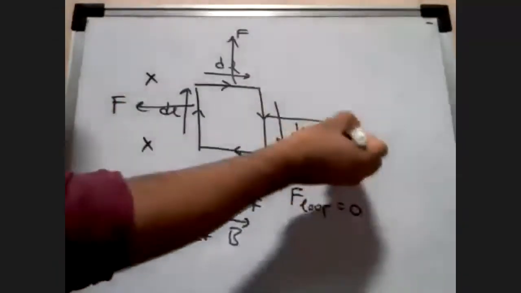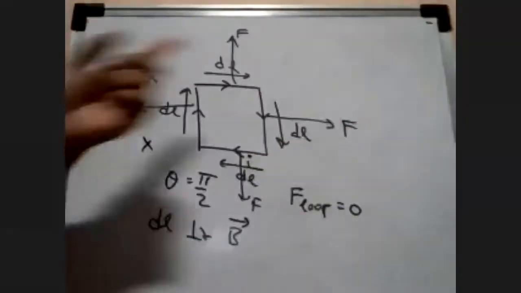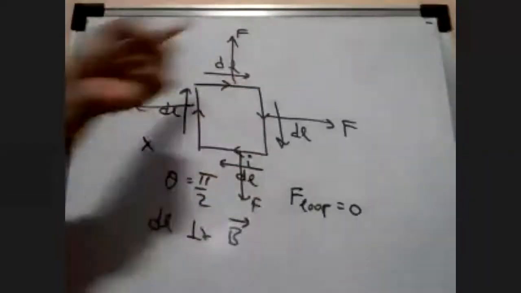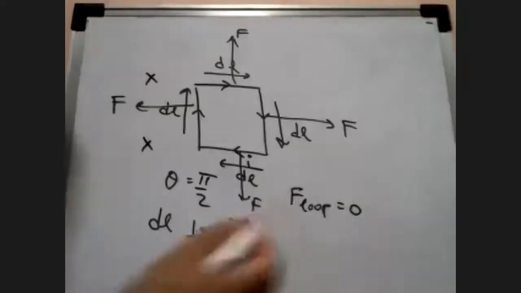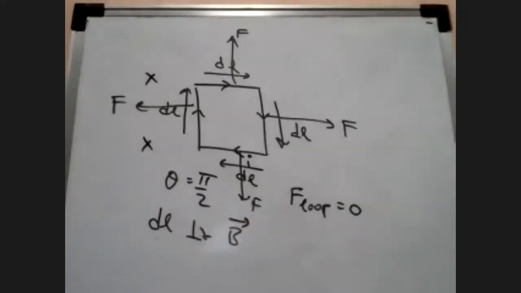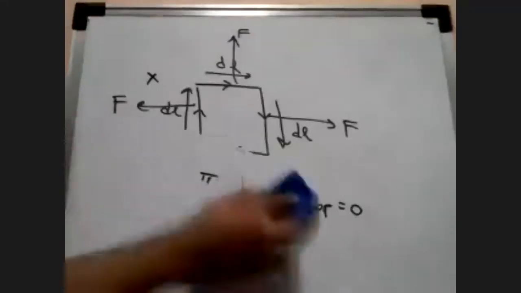Force also will have the same magnitude, all the four forces around this loop will have the same magnitude, and of course they are opposite in direction, so force on the loop is 0. Second thing is that the torque also will be equal to 0. The reason it is 0 is because this loop is basically perpendicular with respect to the magnetic field. This was case number 1.